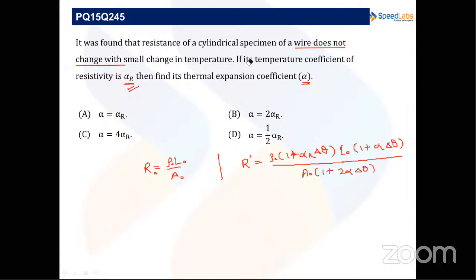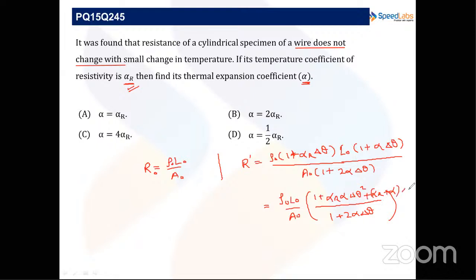So let us see. R dash is rho naught L naught by A naught. In the denominator we have 1 plus 2 alpha delta theta. Check the numerator. So 1 into 1 is 1, plus alpha r alpha delta theta square, and then there is this term also, alpha r delta theta into 1, so alpha r delta theta, and plus alpha delta theta into 1, so plus alpha delta theta.